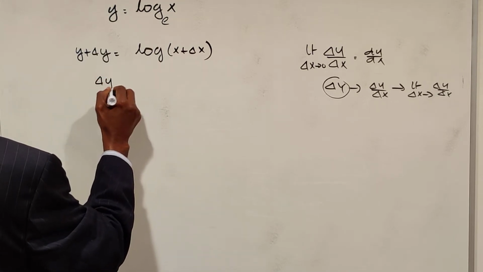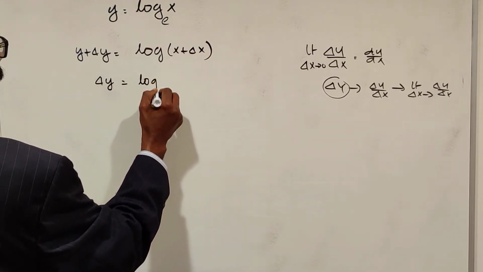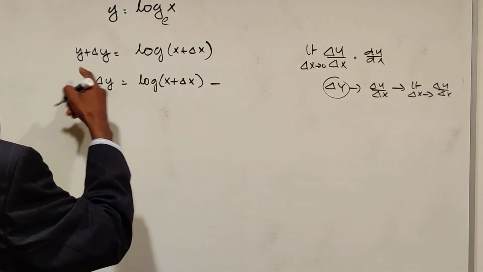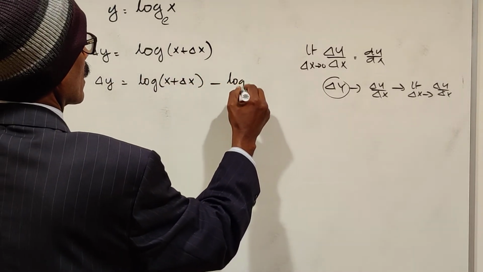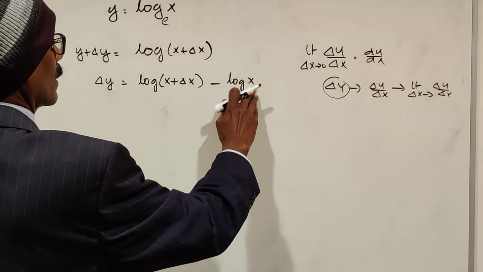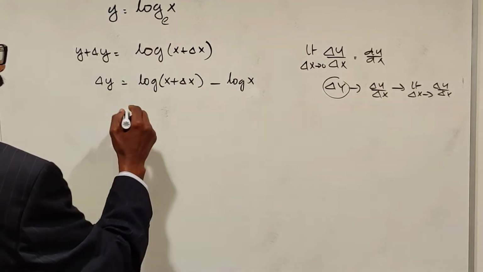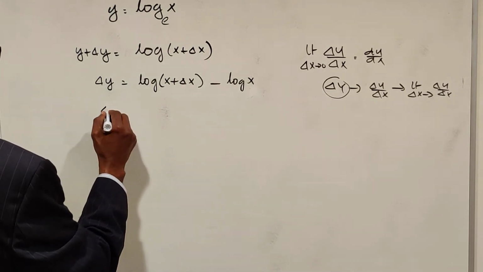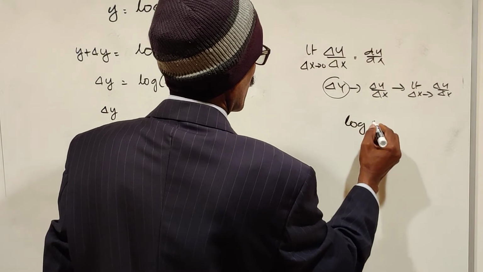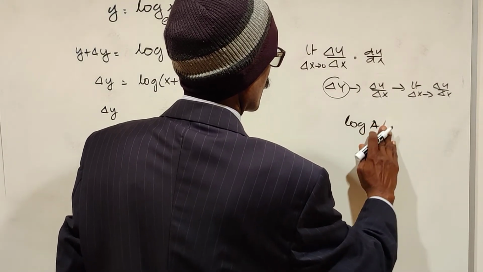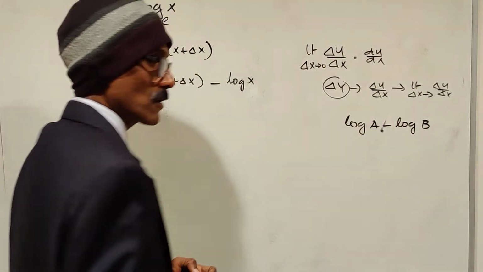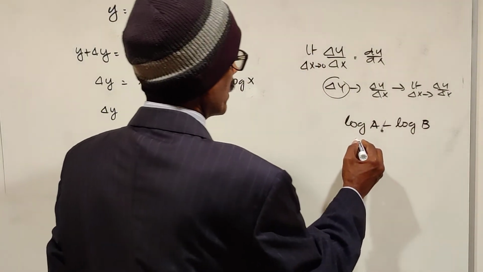Then delta y equals log of x plus delta x, minus y. Minus y is minus log x to the base e. Log x to the base e or log x, both are the same. Then delta y equals, see, what is log a minus log b?